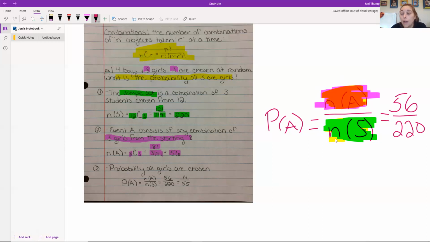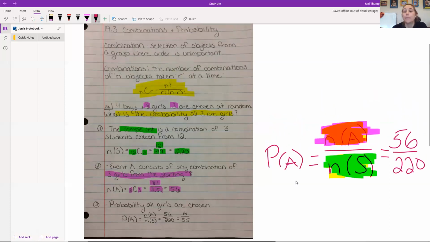Now that we have the number of possible outcomes for our event, and all the outcomes in our total sample size as our denominator, we can find the probability. Our event A is that 3 people chosen at random from 4 boys and 8 girls are all 3 girls. The probability of that happening is 56 over 220. When we reduce that, we get 14 over 55.